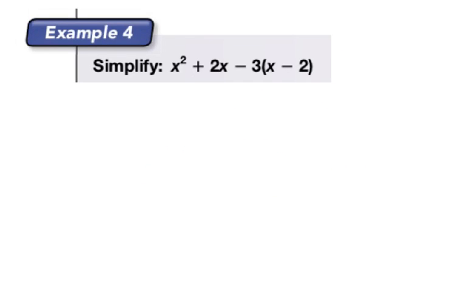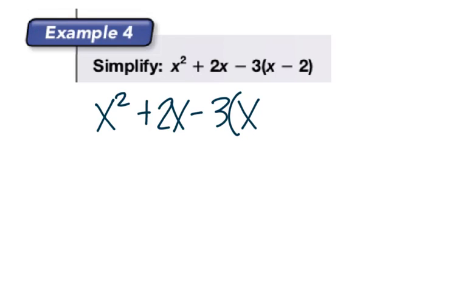Okay, and last example, let's rewrite it. We have x squared plus 2x minus 3 parentheses x minus 2. Okay, so again, we're going to focus just on these parentheses. And notice that again, I have this negative 3.